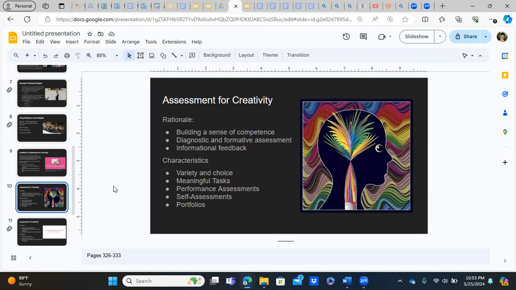If gifted students are around other gifted students for the majority of their school experience, they may have slightly skewed perceptions of how intelligent they are or how creative they are, because they're constantly comparing themselves to other gifted students.